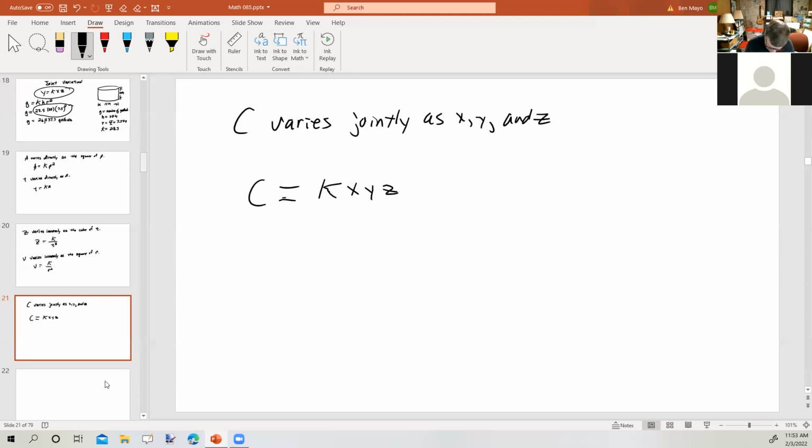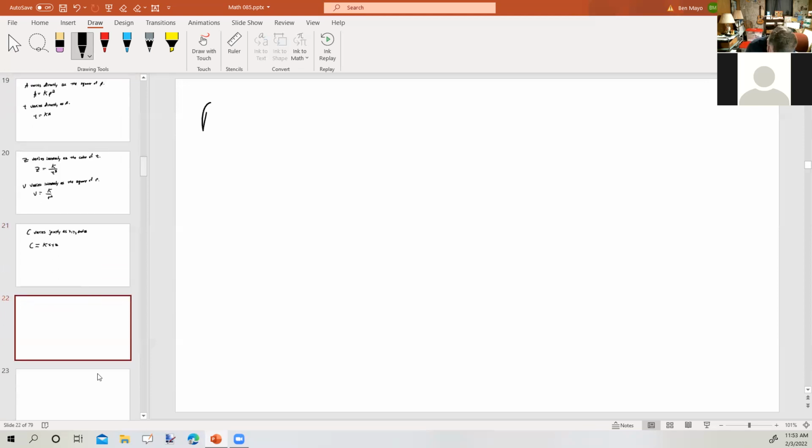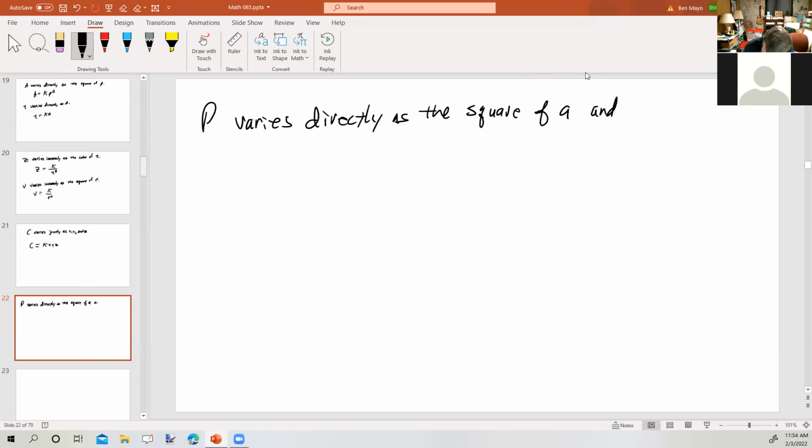Now, how about this one? It says P varies directly as the square of A and inversely as the cube of J. So we've got two kinds of variation going on in the same formula.